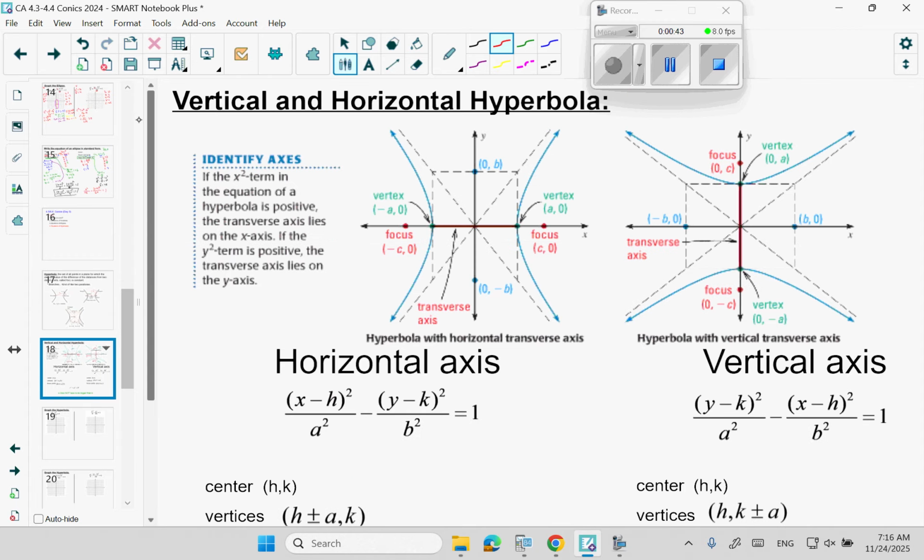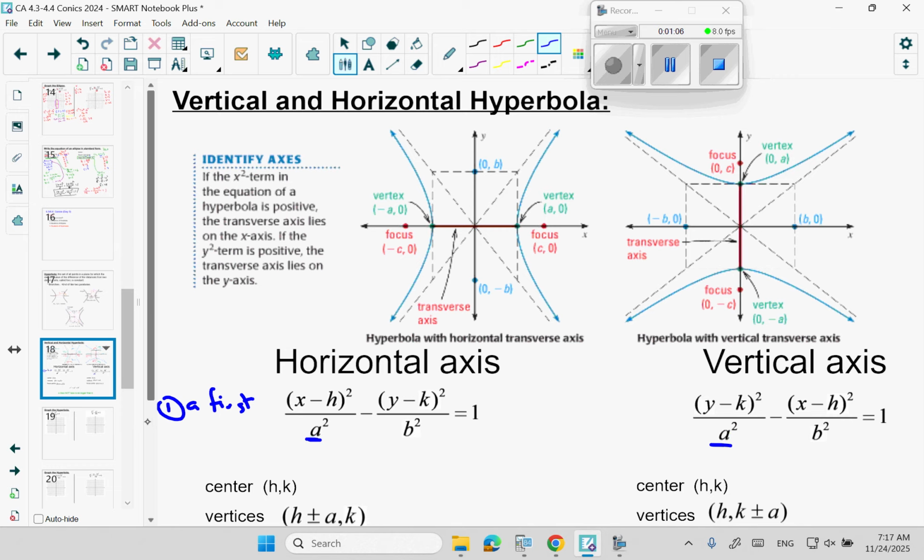So, I look at the equations. We get x minus h squared over a squared minus y minus k squared over b squared for horizontal, and vertical, same deal. You'll notice that a is always first. Always, always, always.